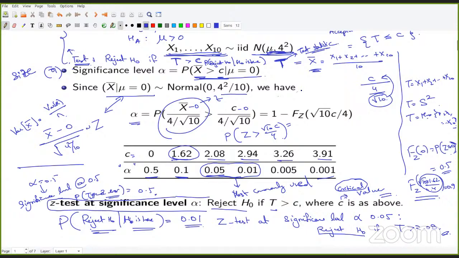So when alpha is 0.5, our critical value is 0. When alpha is 0.1, our critical value is 1.62. When alpha is 0.05, our critical value is 2.08. So C is referred to as the critical value.